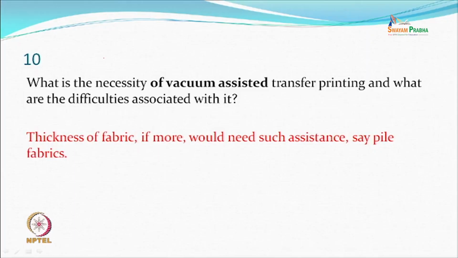So, thickness of the fabric is one reason you may want it, particularly if it is a pile structure like a carpet, rugs, and even non-wovens for that matter. So, if you have such type of material, then the difficulty is that there are more open spaces and you do not have a flat surface, and so in such cases you would require some assistance.